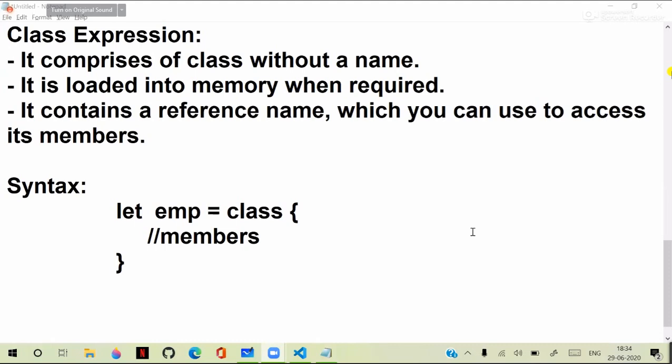Any thinking? I'm asking about its use. When it is not having a name, obviously it is called anonymous. That is not the point.